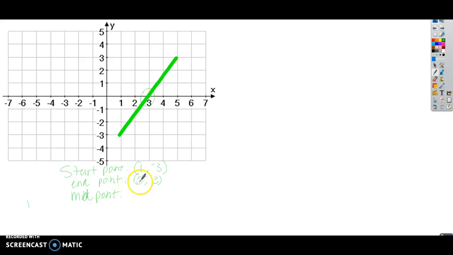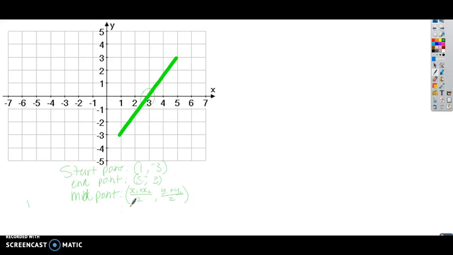So what we're going to do is find halfway between our x's and halfway between our y's. To do that, just like you would if you were finding an average or a mean, I'm going to add them together and divide by 2. I have my 2 x values added together, divided by 2, and my 2 y values I'm going to do the same thing.